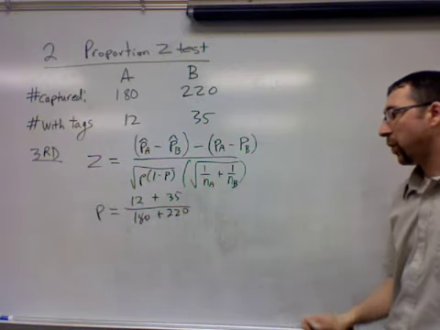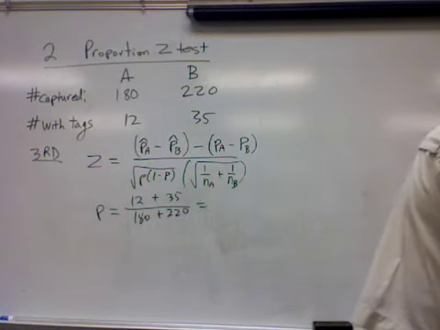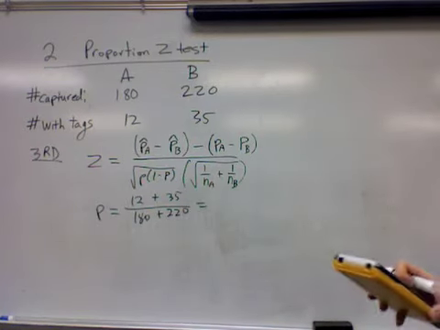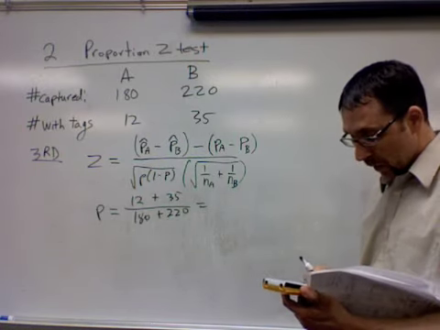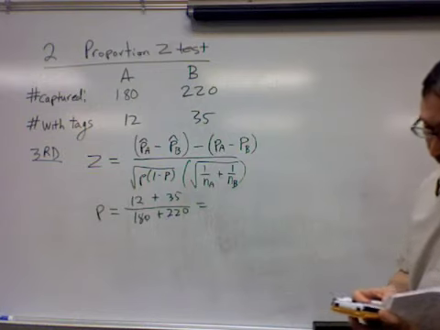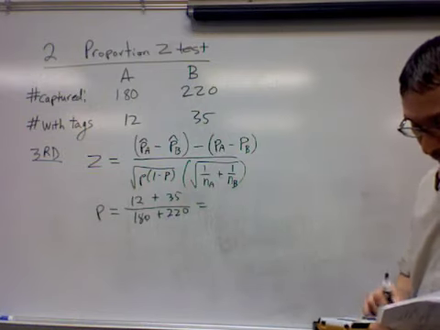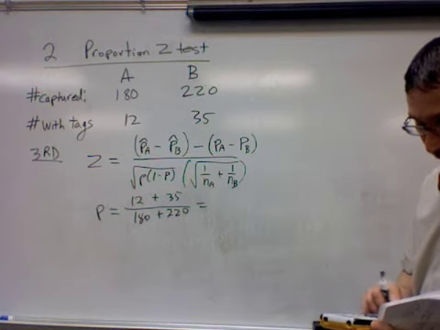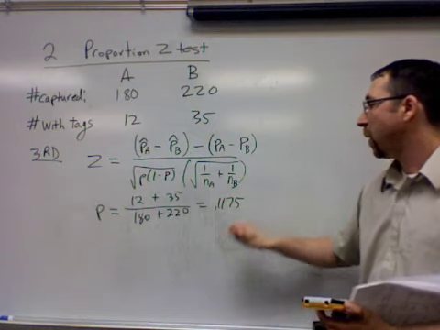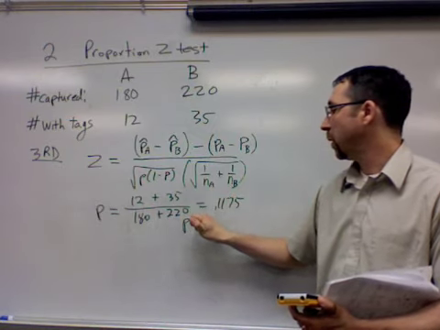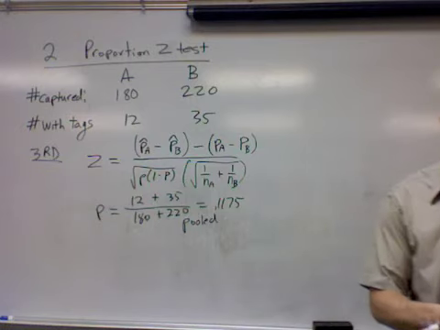A lot of this is unnecessary if you end up using the calculator to do the mechanics. So it ends up being 0.1175. So it's a pooled standard deviation or pooled percentage.